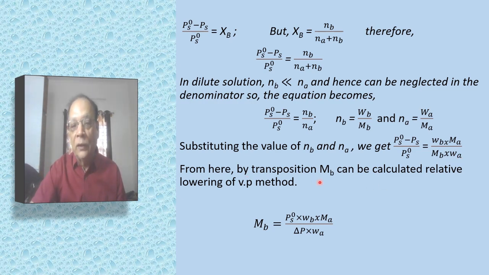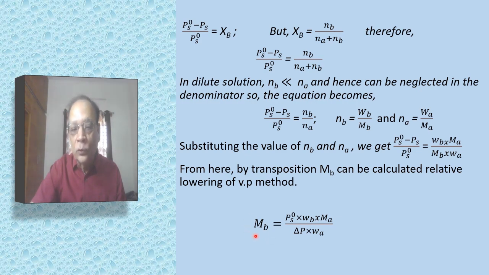From here, by transposition, Mb can be calculated by the relative lowering of vapor pressure method. And this is the equation. So if we transpose Mb to the left side, bringing all these knowns to the right side, we get this equation.